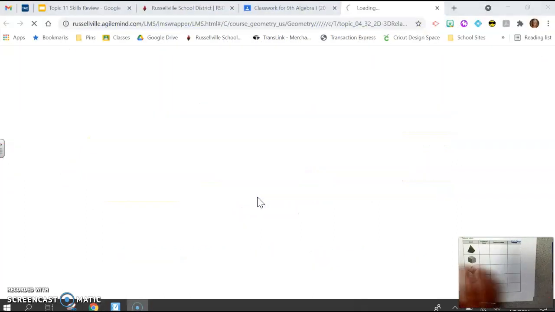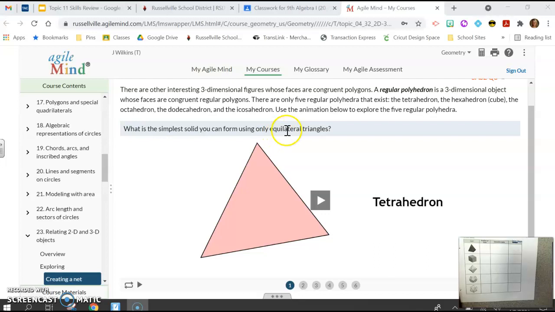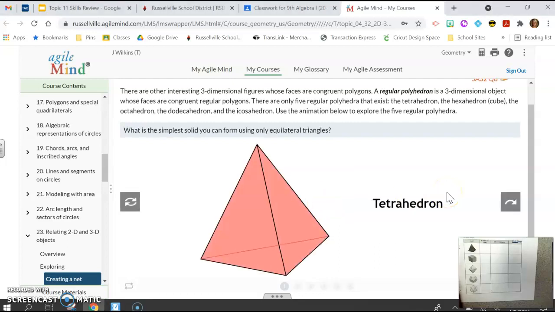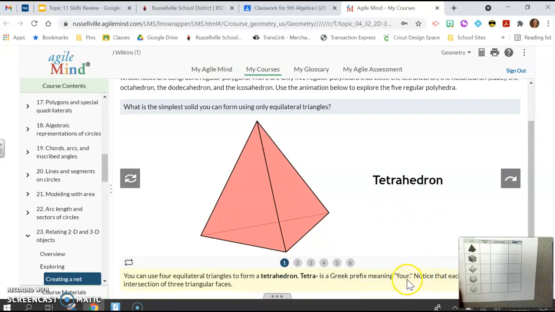All right, the first platonic solid, and these are pretty special because, like I said, there are only 5 that exist in the world. The simplest one of all uses equilateral triangles, and this is called a tetrahedron. To make a 3D shape of a tetrahedron, it is 4 equilateral triangles.